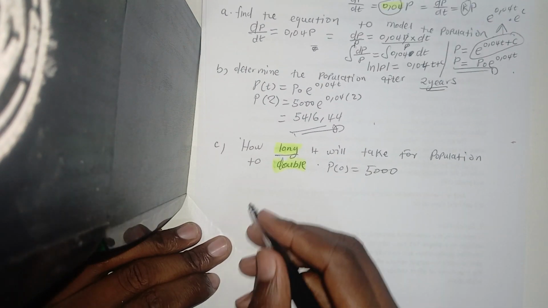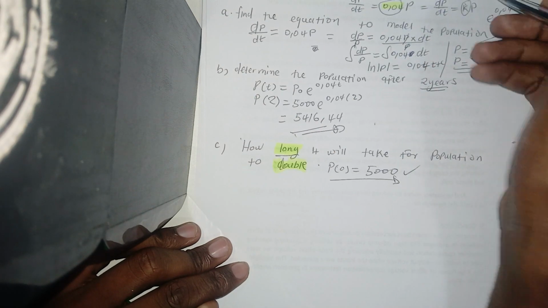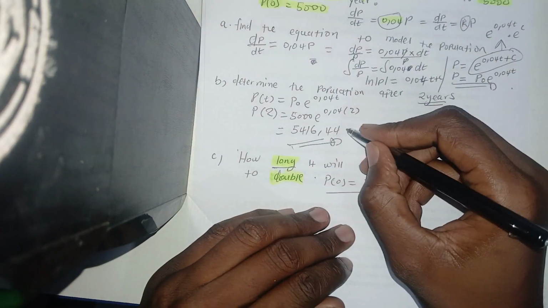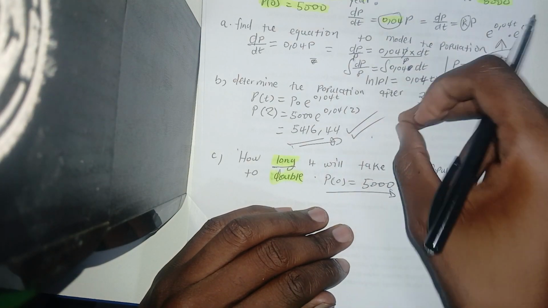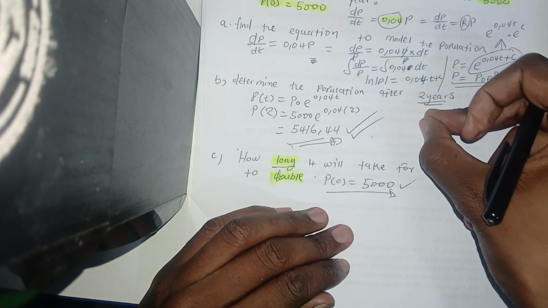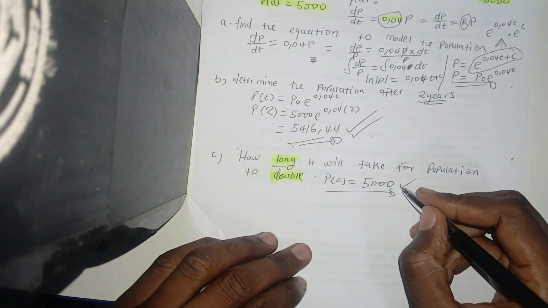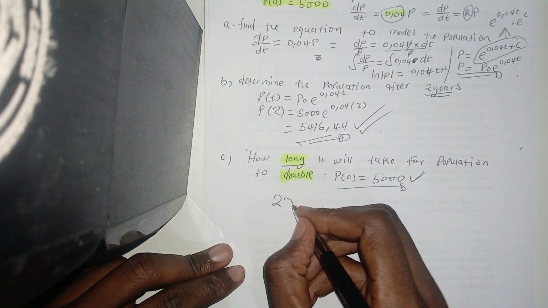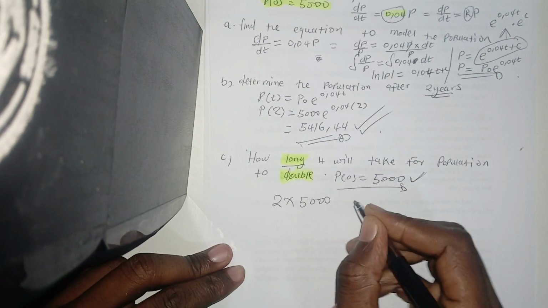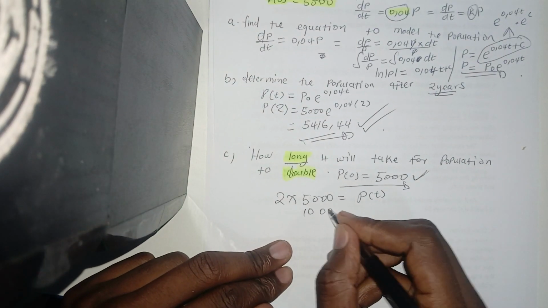Now we have the population from the given initial value, and many people would have taken the population after 2 years. That is not the population we're talking about. They need to know how long it will take for the initial population to double. So we say 2 multiplied by 5,000, which is 10,000.